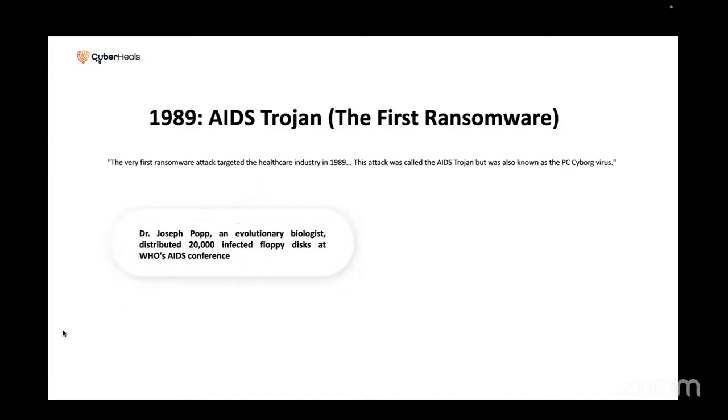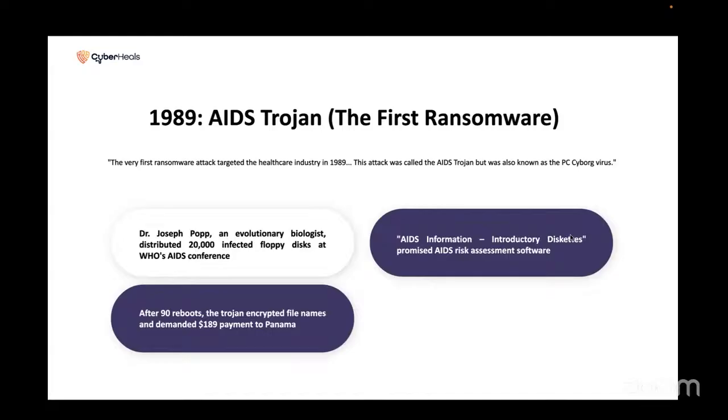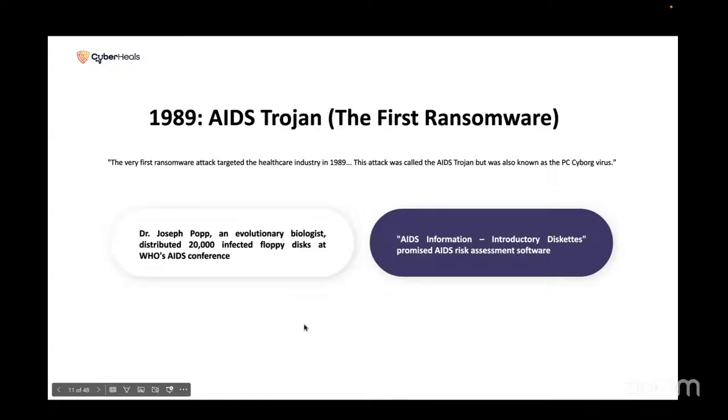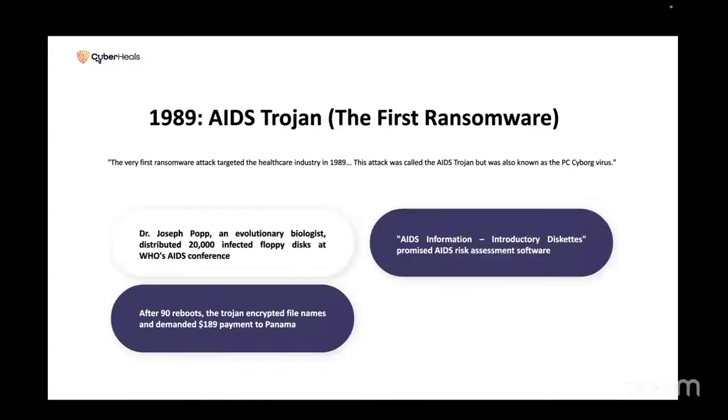He promised AIDS risk assessment software, and then after 90 reboots, the Trojan encrypted file names and demanded $189 payment to a post office box in Panama. So this incident is as old as our age, or my mom's age, or my dad's age. Yes, 36 years.